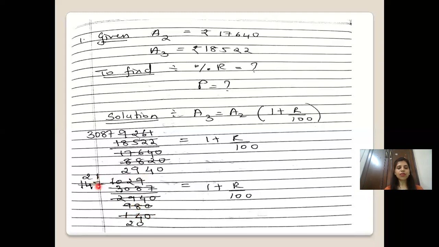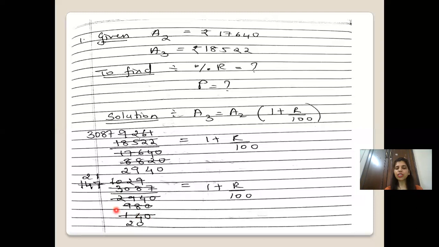Here 7 ones are 7, 3 carry over, 7 fours are 28, 4 carry over, because 32 minus 28 is 4. Then 7 sevens are 49. Now 147 and 140.